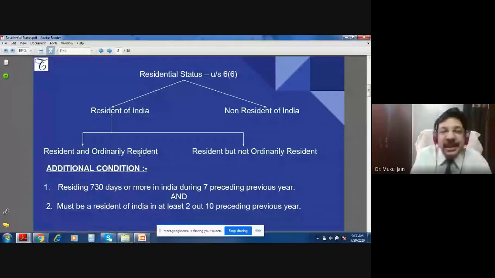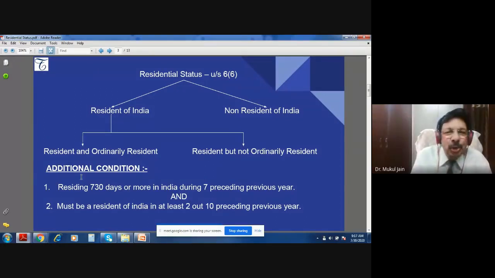But there are certain people who, you can call them, some schizophrenic, or there are certain diseases, but ordinarily they will be very normal people. But at times, they will become totally mad. But you will not judge them that they have this kind of thing, but not ordinarily resident. So I'm just drawing an analogy. So they are resident, but they are not ordinarily resident.